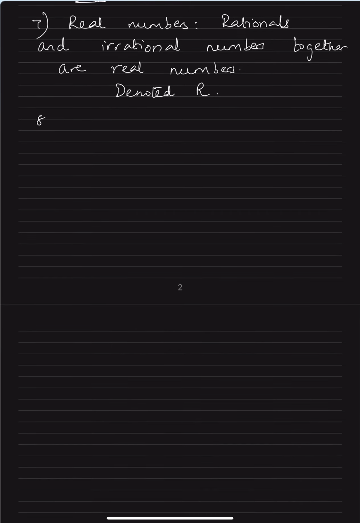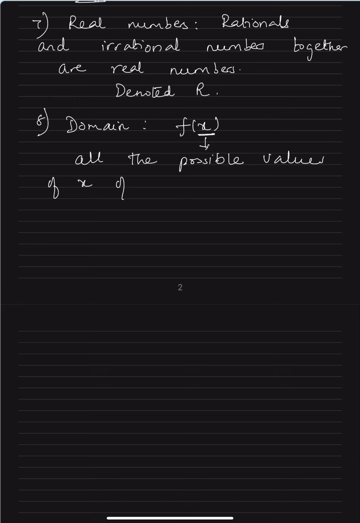And the one more term I wanted to introduce is domain. We said domain of the function means all the possible values of x. We say f of x. So here domain is all the possible values of x of a function.